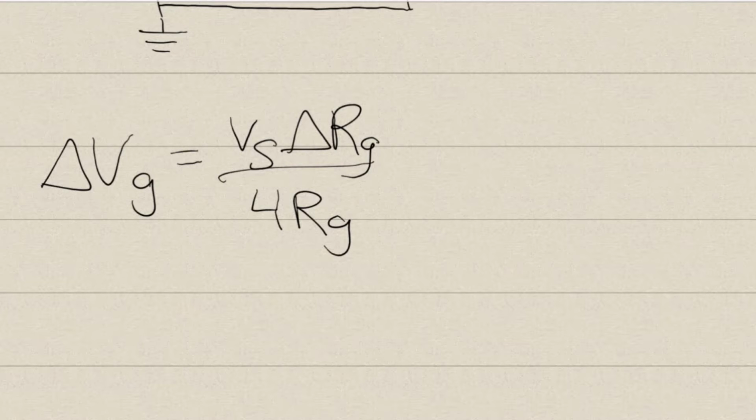So resistance is not a value we can measure directly, but voltage is. So we can measure the change in voltage and we can relate that to the change in resistance using this equation.